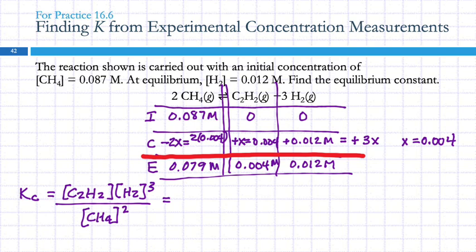So now we plug our numbers in here. So we've got 0.004 times 0.012 cubed divided by 0.079 squared, and that's a little number.